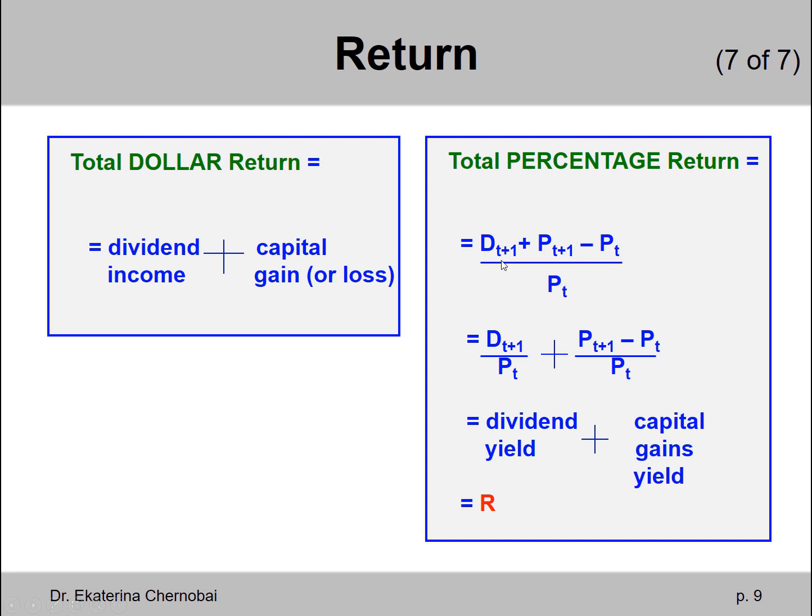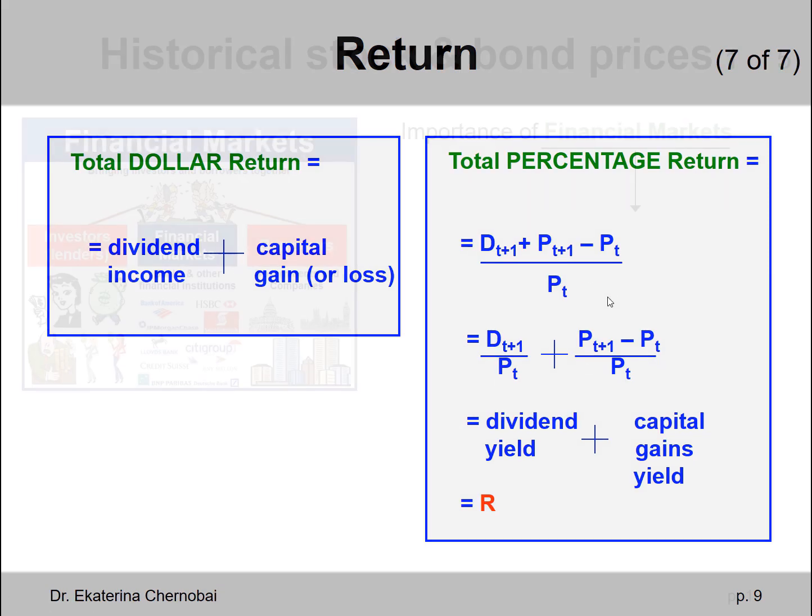Then you divide that total dollar return by the price paid at the beginning of the year. So this is how we calculate the total percentage return, which is denoted by capital R. And again, the last few slides should look very familiar because we had exactly that in the second part of chapter 8 on stocks.